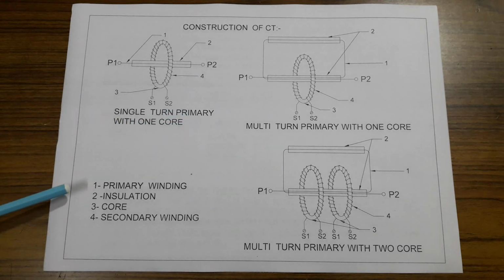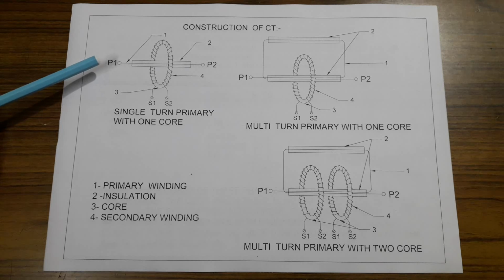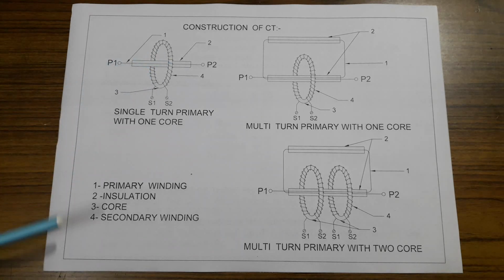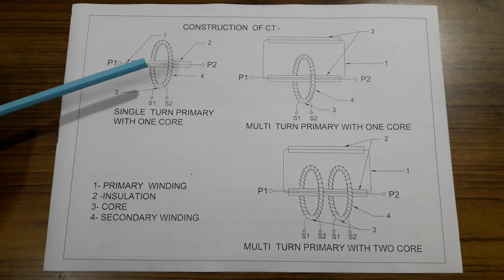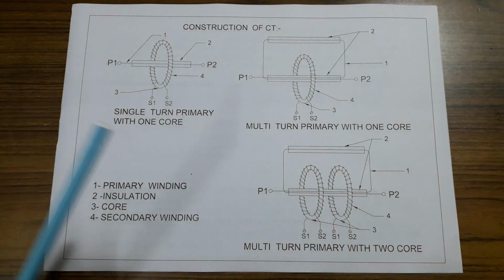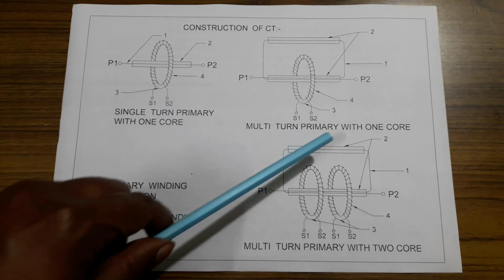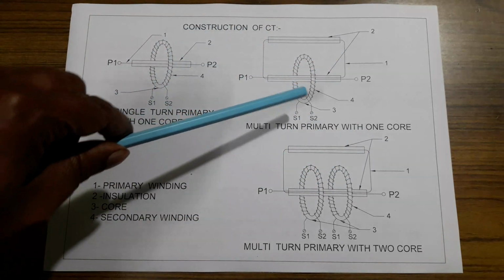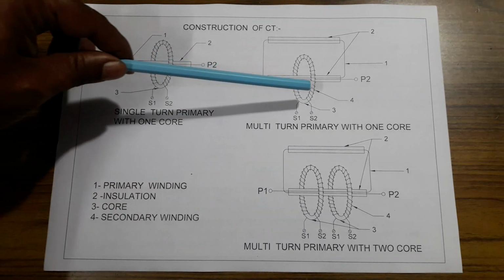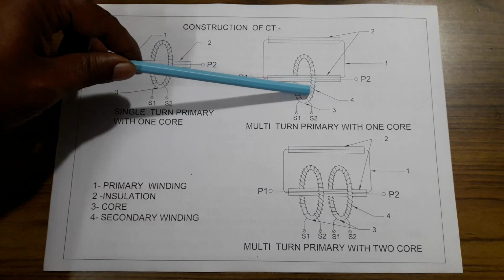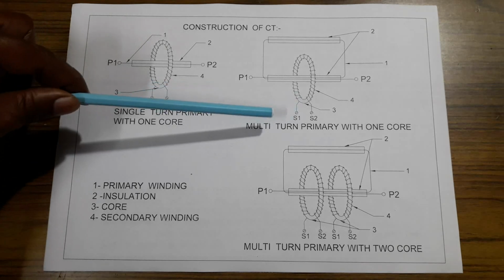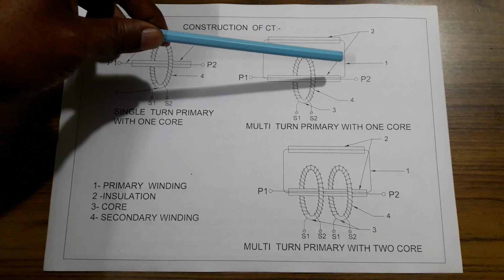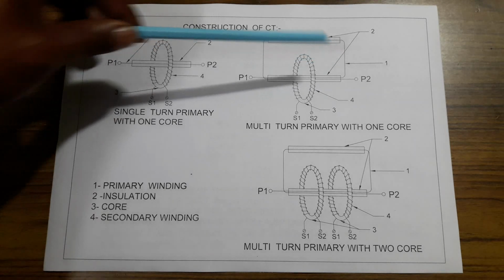Here is the primary winding, 2 is the insulation, 3 is the core, 4 is the secondary winding. Here is multi-turn primary with one core. 4 is the secondary winding, 3 is the core, 2 is the insulation and 1 is the primary winding.